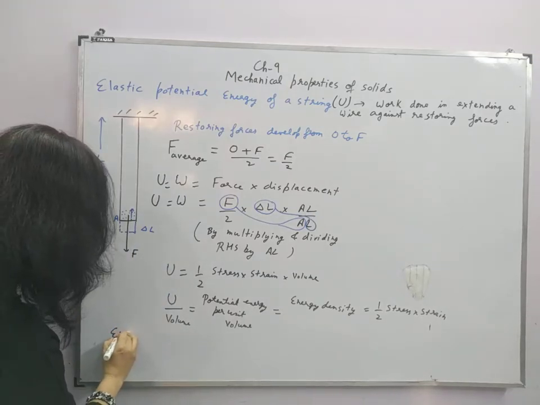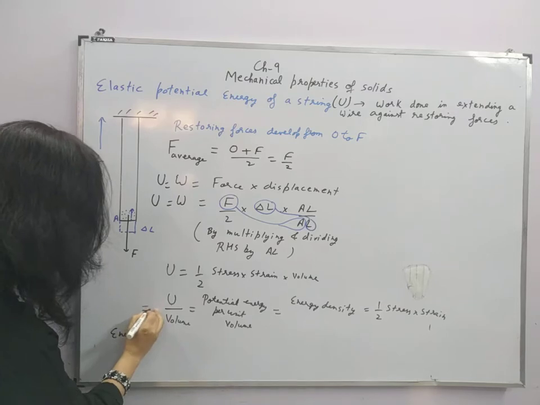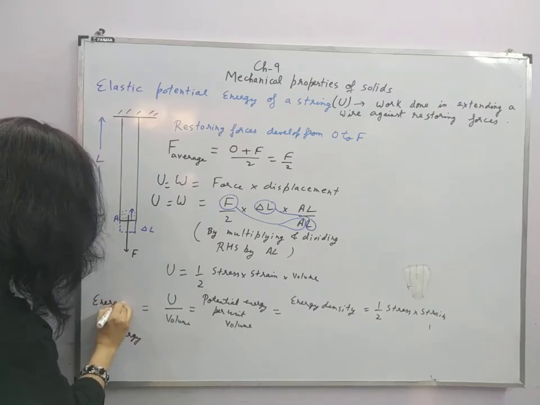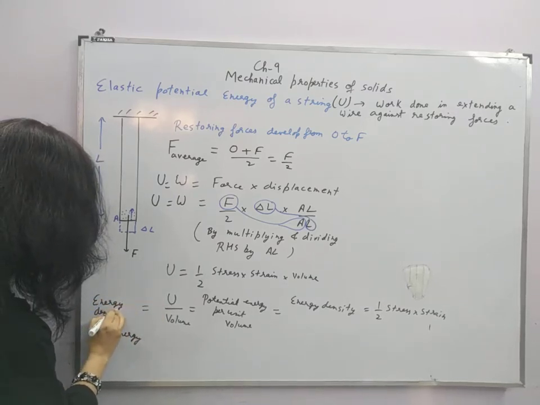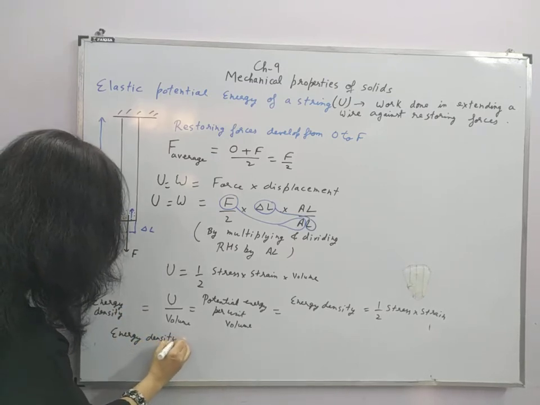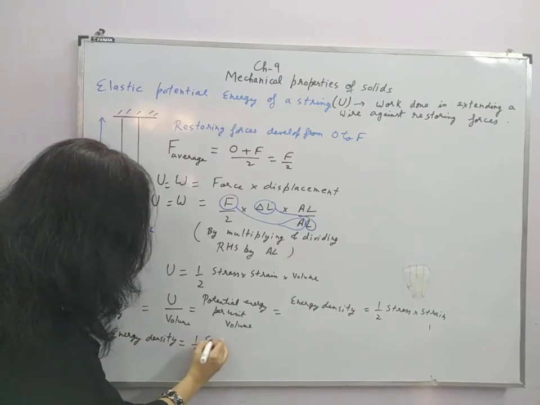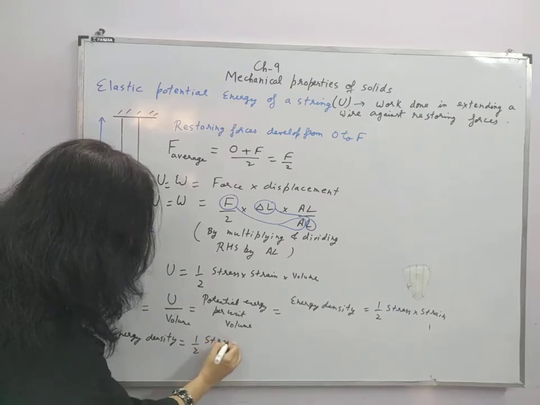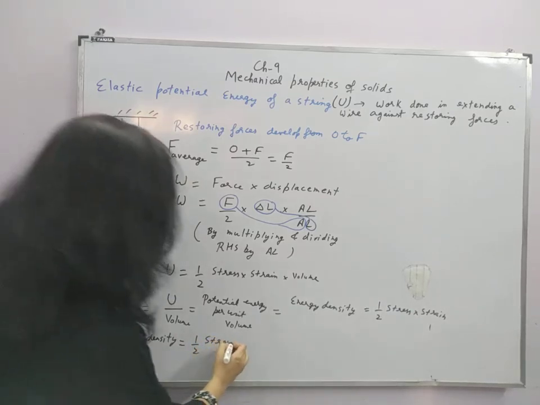Another form can be written as energy density is equal to half stress into strain.